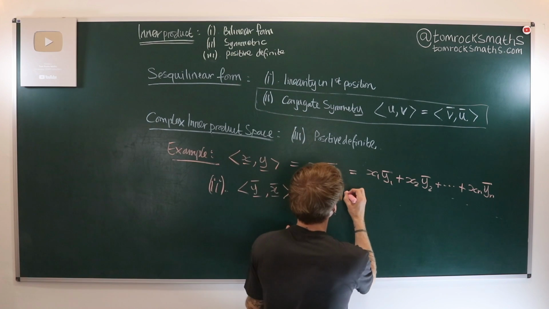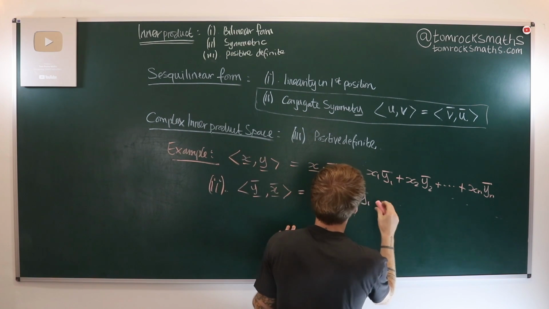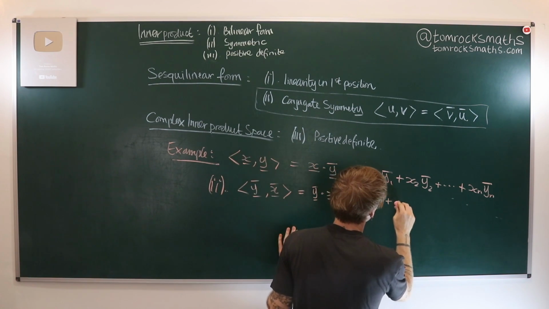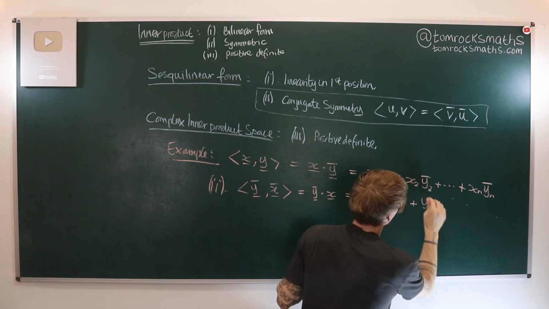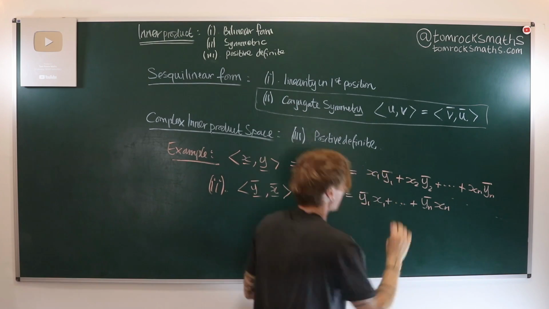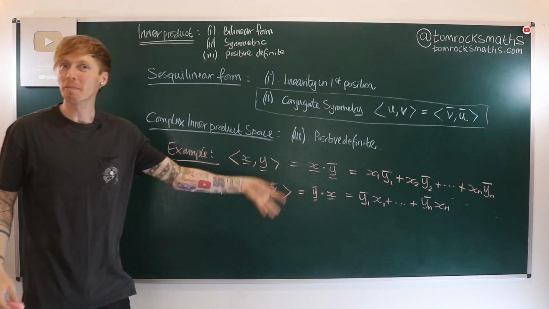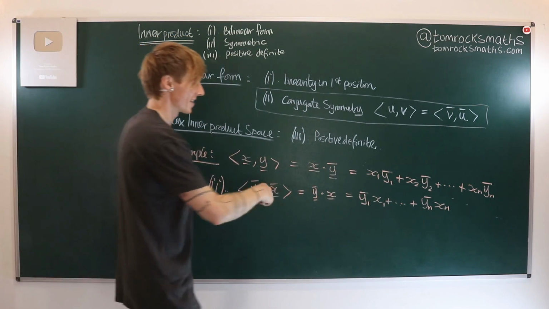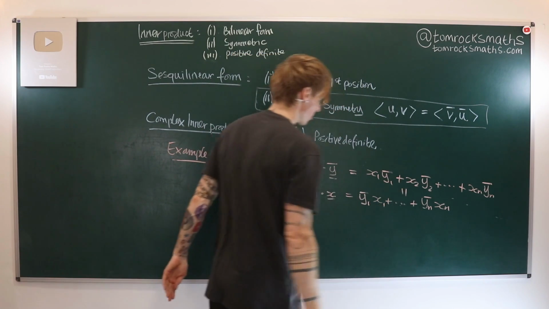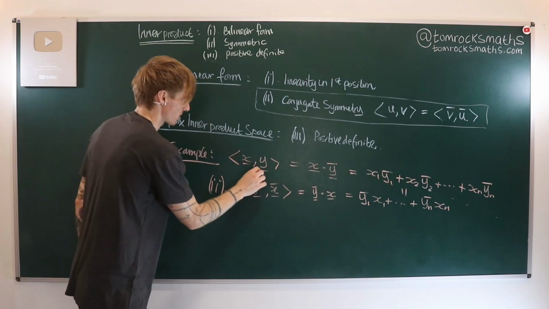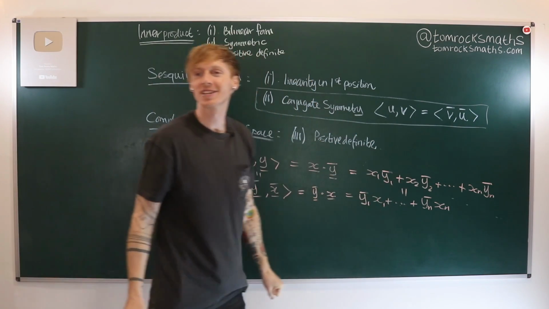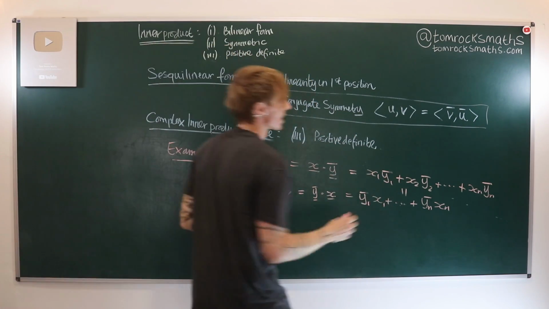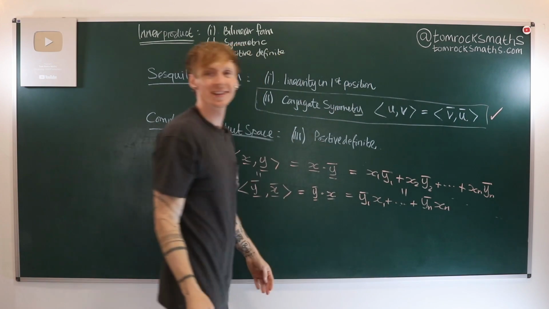So that is now going to be y1 bar times x1 plus dot dot dot plus yn bar times xn. And we can see that we do indeed have the bars in the correct place. These two are in fact equal, and so we can see that swapping the order and conjugating them, we get the exact same thing out, which is what we needed up here for conjugate symmetry.